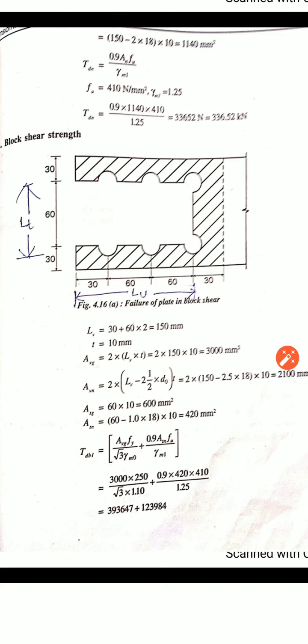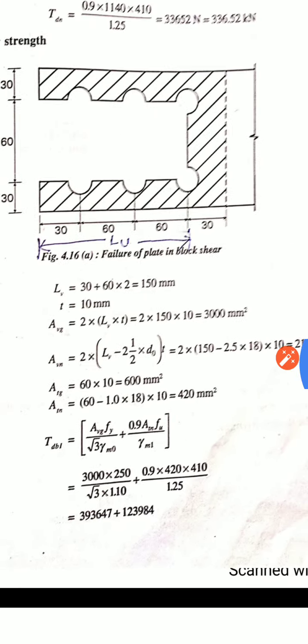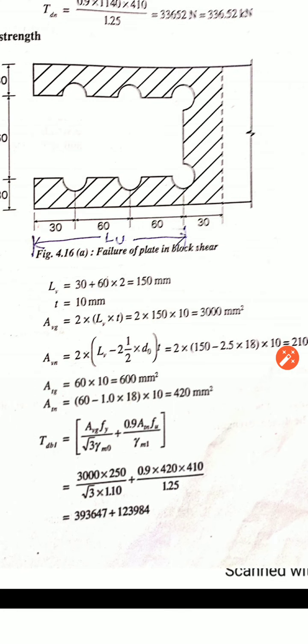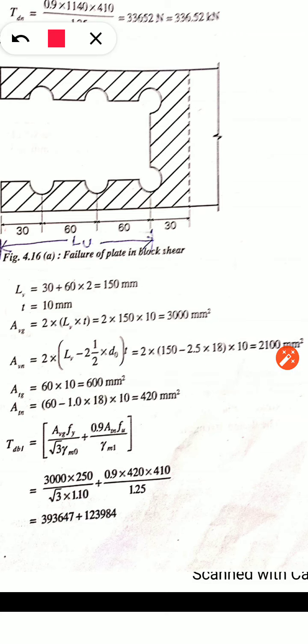So you have to deduct 2.5, that is, in LV, 150 minus 2.5 D naught into T, into 2 since shearing is taking place on two sides. The gross area is the total area; for the net area you have to deduct the bolt holes, that is 150 minus 2.5 D naught into T, and we get the net area.